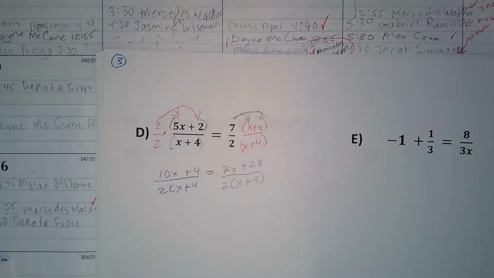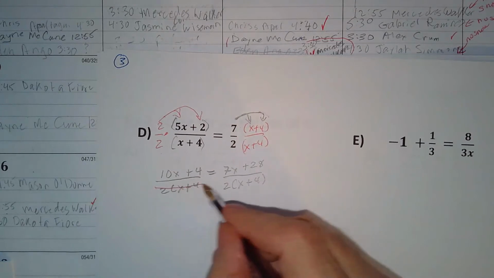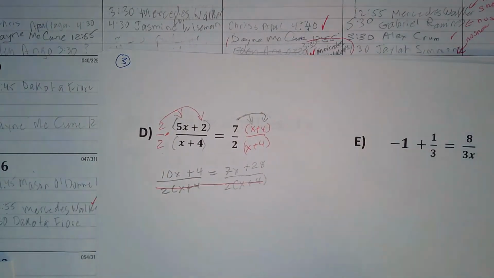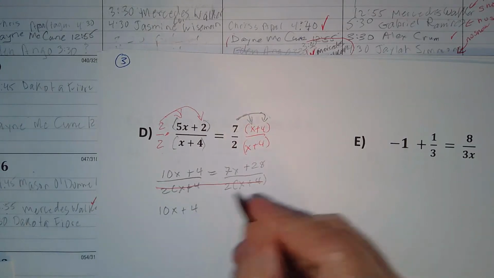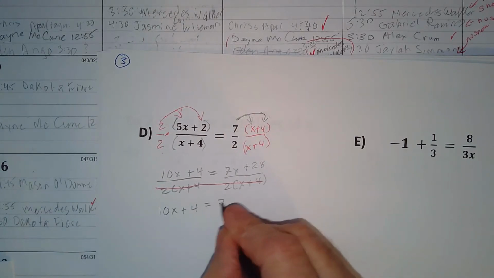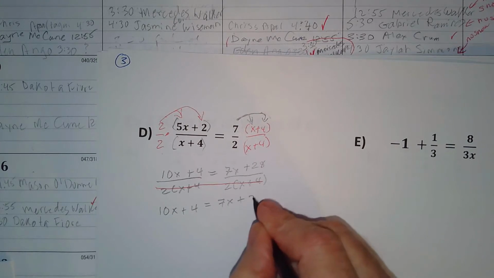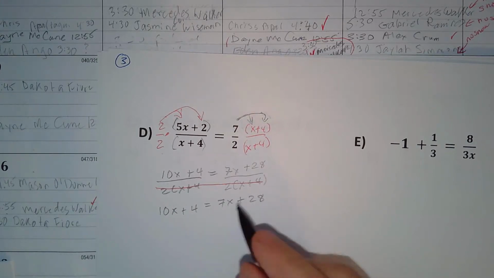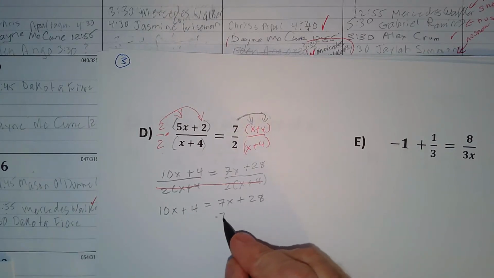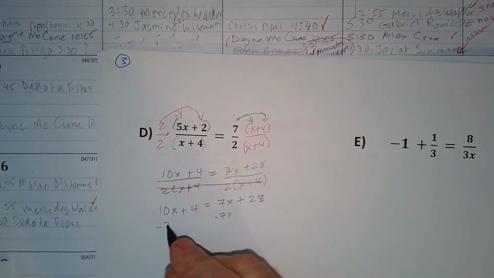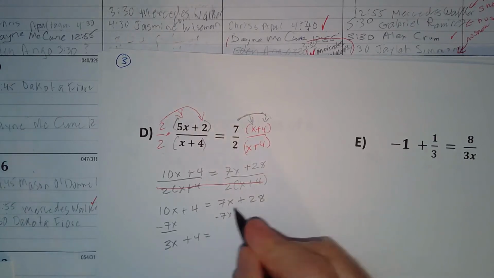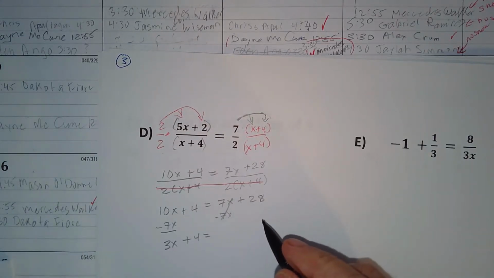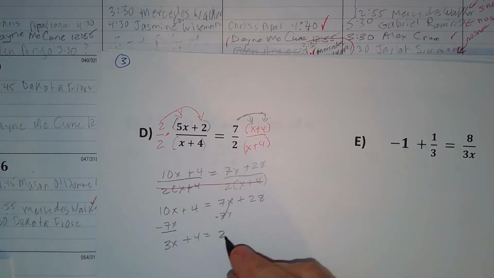And then this is where I get to get rid of the denominator and rewrite this as 10x plus 4 equals 7x plus 28. Let's get the x's together. Subtract 7x from both sides. And I get over here on the left 3x plus 4 equals 7 and negative 7x cancel equal 28.